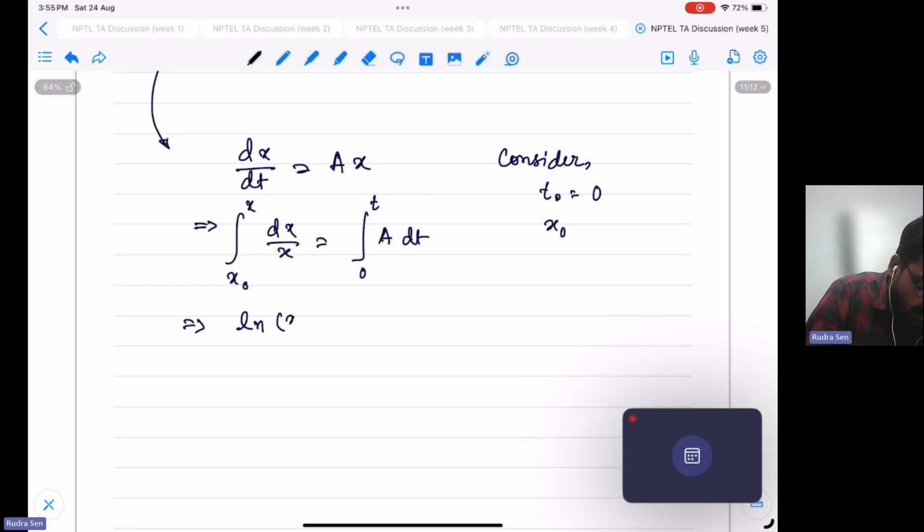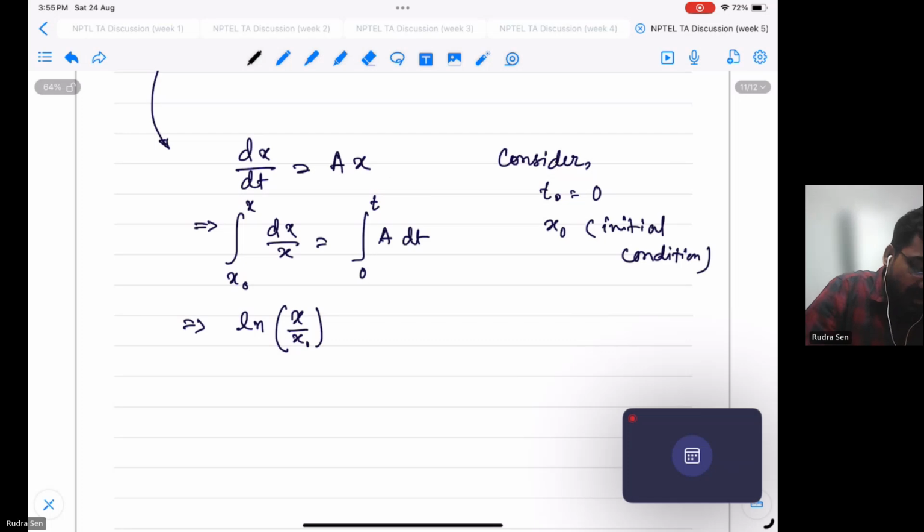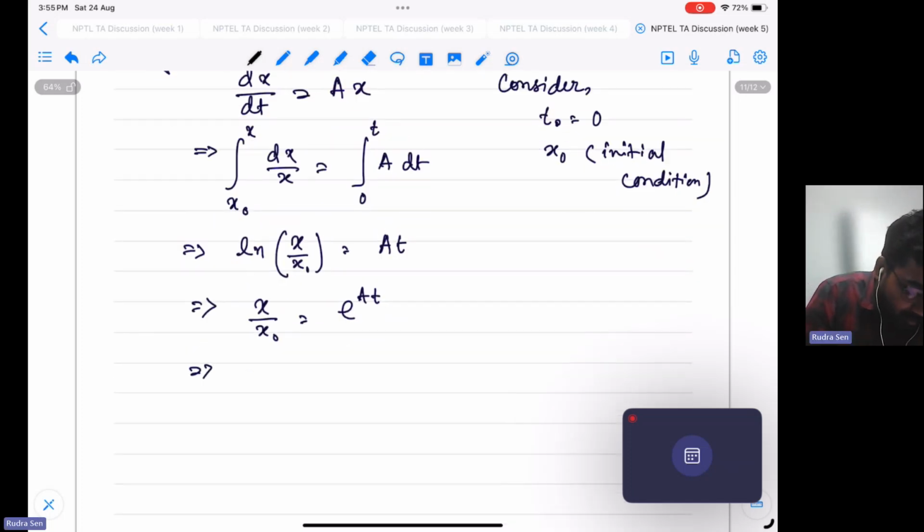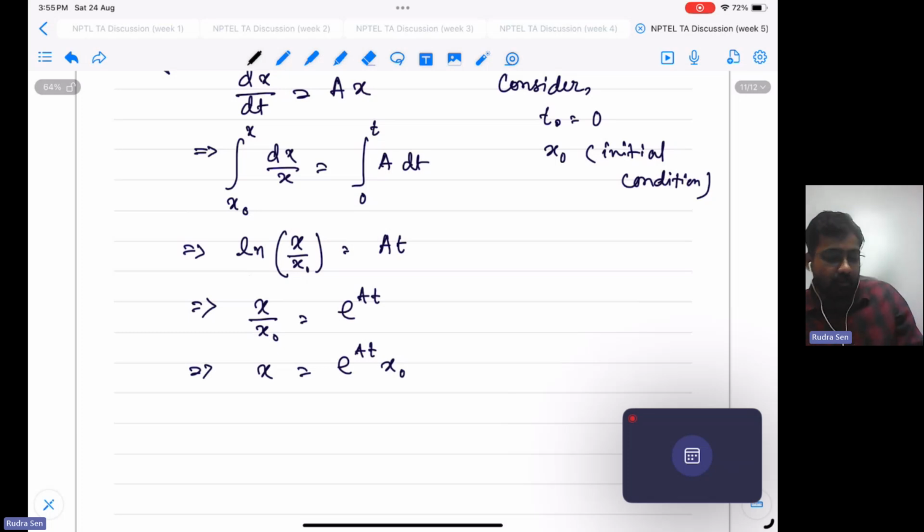So this is basically ln(x by x0) equals A into t, because the lower limit is 0 over here. So x by x0 equals e to the power At. So we get x equals e to the power At into x0, right?